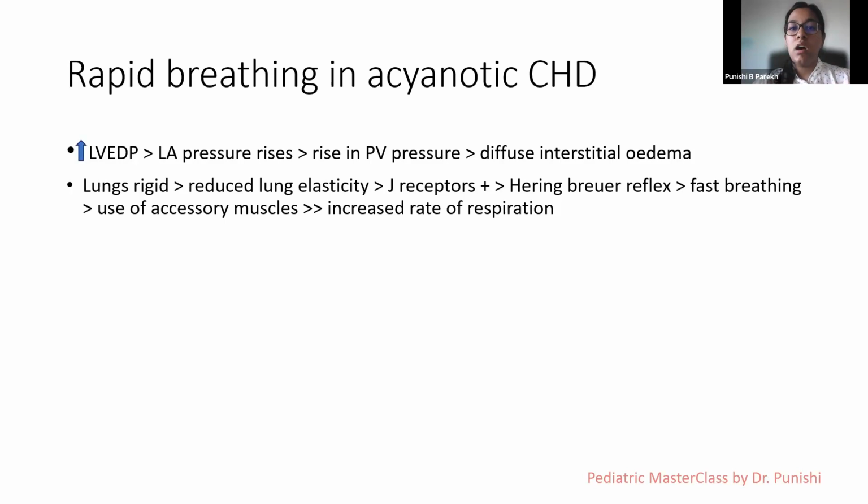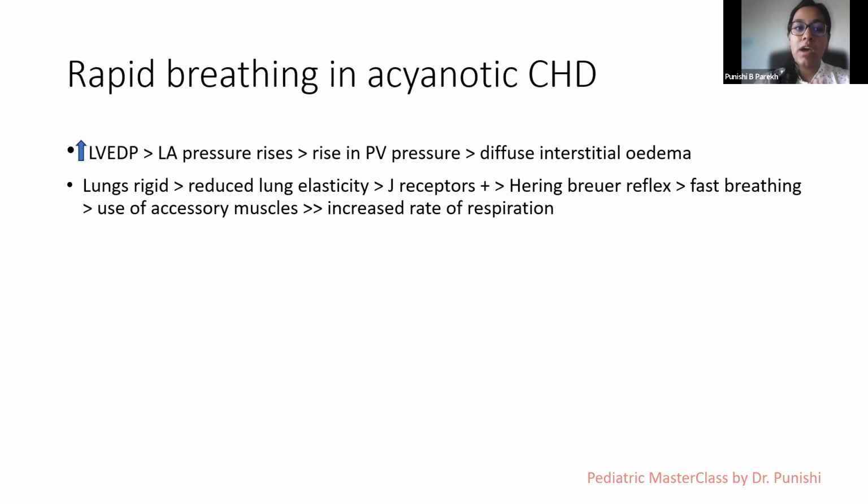So it could be your subcostal retractions, intercostal retractions, flaring of ala nasi. All of this starts happening to be able to compensate for this interstitial edema. So this is the reason why if you see a lot of kids with CHDs have baseline tachypnea, and they normally have a slightly higher rate of respiration as compared to those who don't have a CHD.